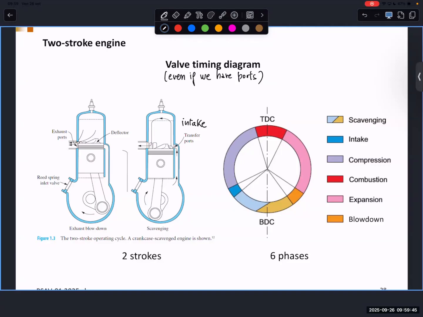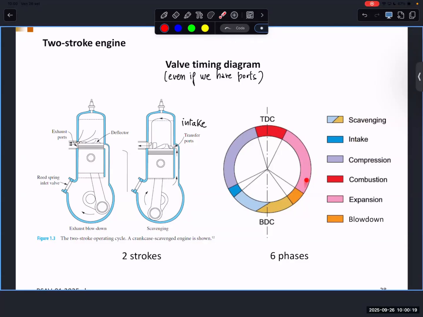What we can consider are the different phases that we were describing. This is blowdown, which occurs around bottom dead center. This is the intake, which occurs through the charge port or the intake port that is open when the exhaust valve is closed. Compression and combustion are similar to what we described for the four-stroke engine.